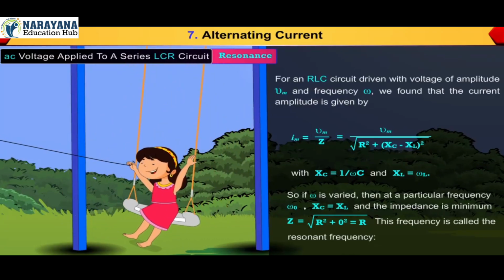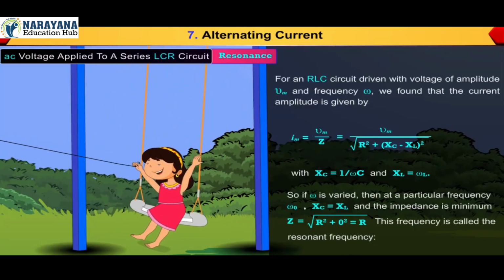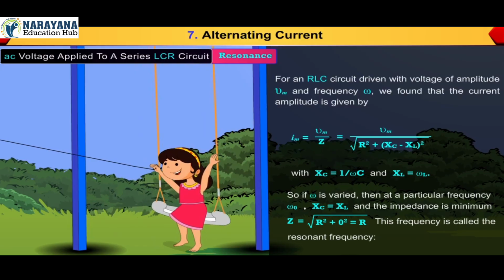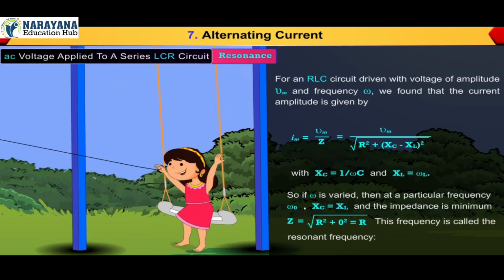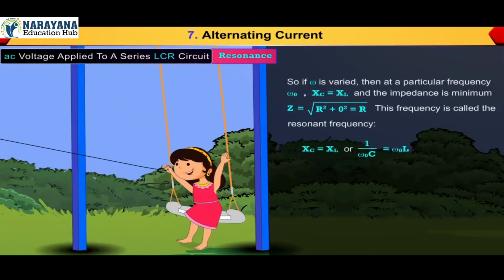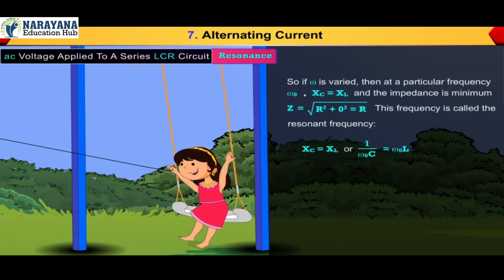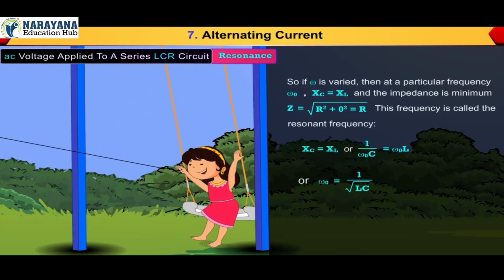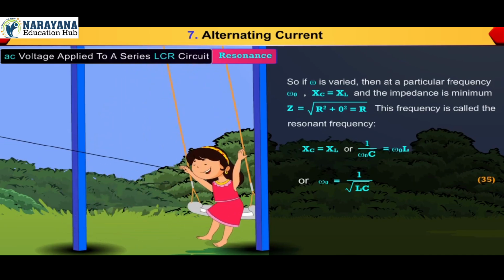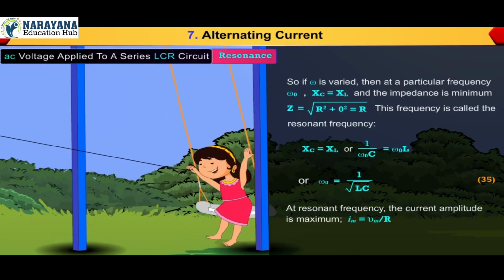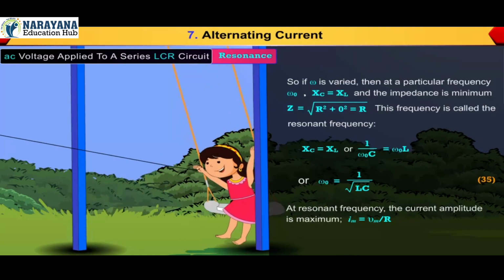So if ω is varied, then at a particular frequency ω0, Xc = XL and the impedance is minimum, that is Z = √(R² − 0²) = R. This frequency is called the resonant frequency. Xc = XL, or 1/(ω0 C) = ω0 L, or ω0 = 1/√(LC), equation 35. At resonant frequency, the current amplitude is maximum: Im = Vm/R.